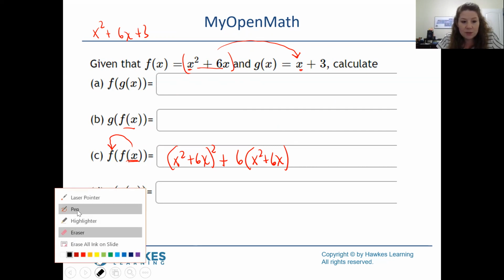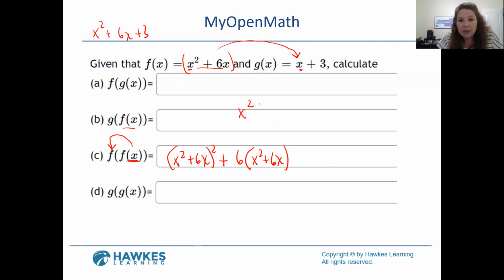So we're squaring. Let me get rid of this right here. We are going to square x squared plus 6x. Let's do that first. So x squared times x squared is x to the 4th. X squared times 6x is 6x to the 3rd plus 6x to the 3rd plus 36x squared.